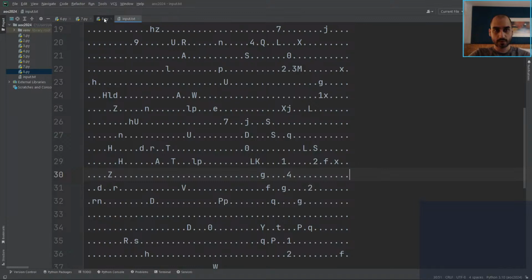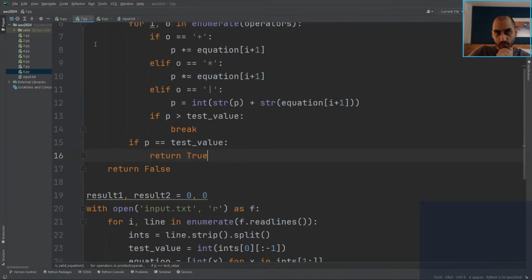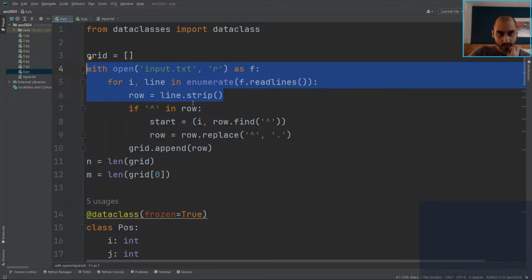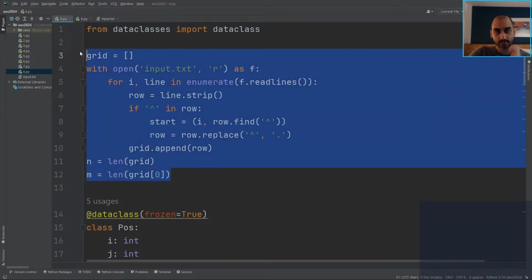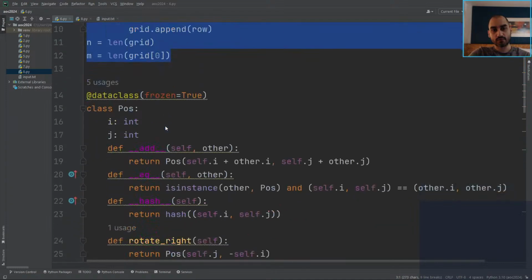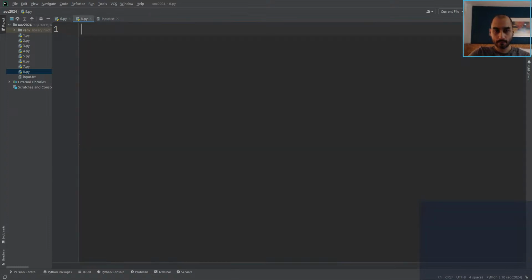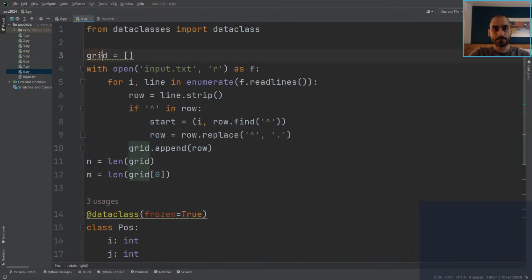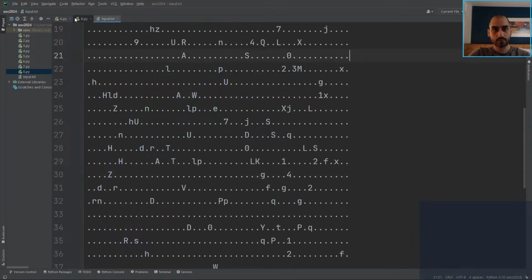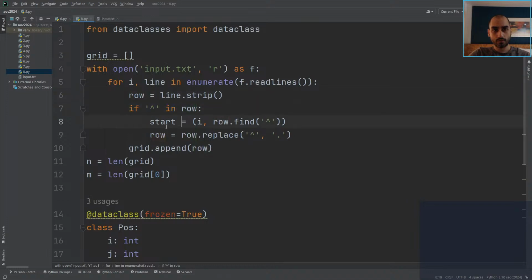Alright, so this was similar to, well, we've got grid stuff, so let's look back at 6. We can probably copy some of this code here. We could reuse our pos code as well. Copy all of that. Alright, so grid is that with row equals line.strip. We don't need to do any of this yet.